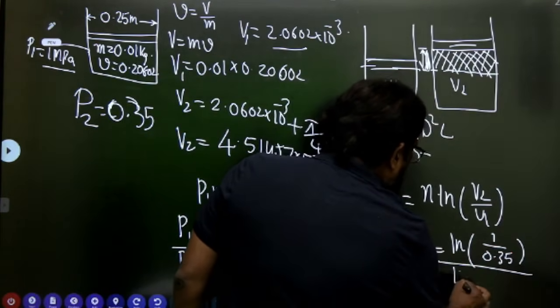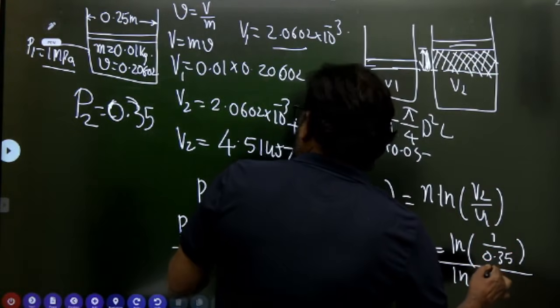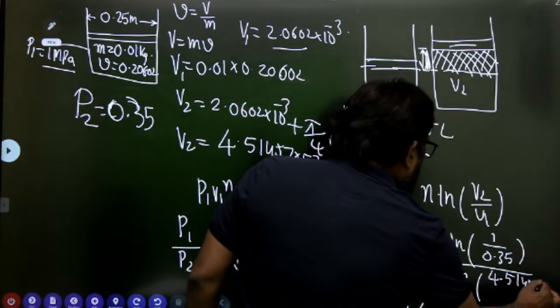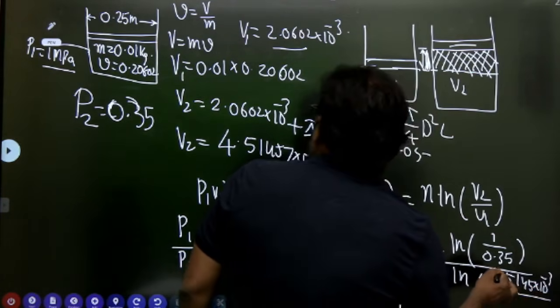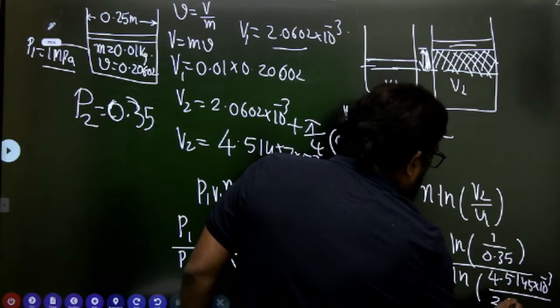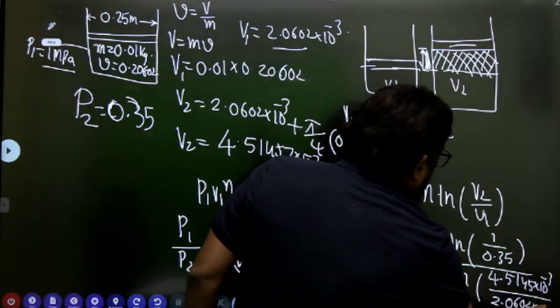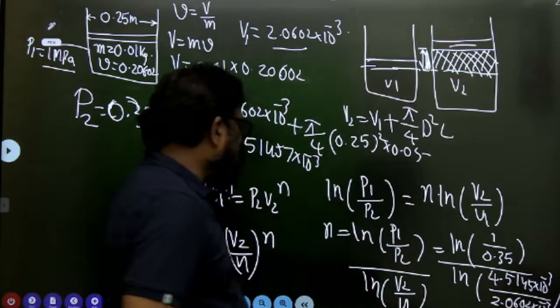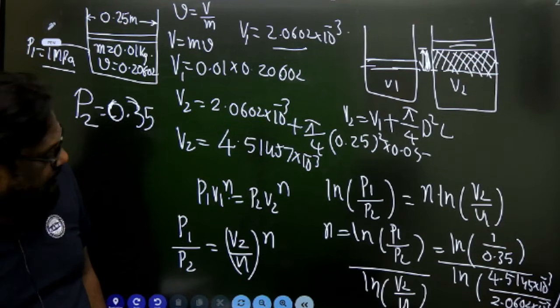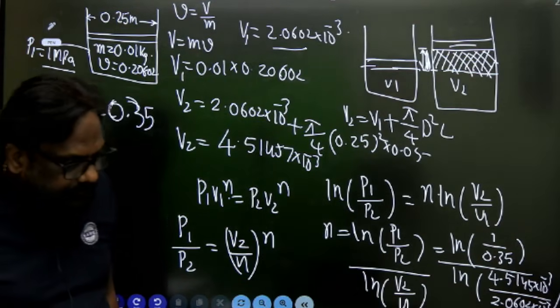And the initial volume is known, final volume is 4.5145 into 10 power minus 3. And the initial volume is 2.0602 into 10 power minus 3. तो यहां से you will get the value of n. तो n का वैल्यू आएगा सर. एक बार चेक करता हूं सर, yes.